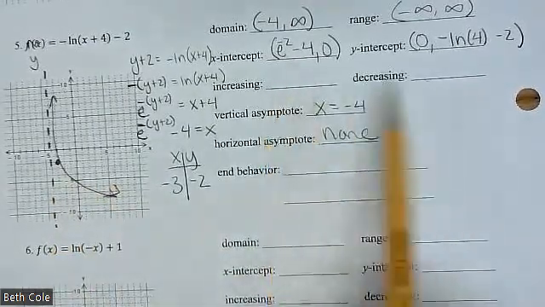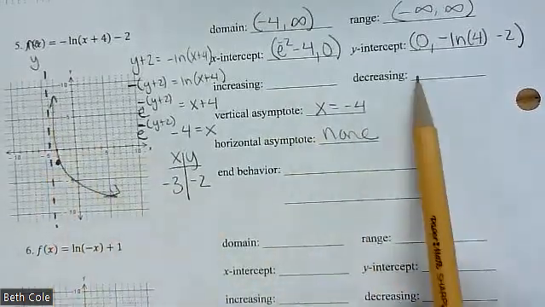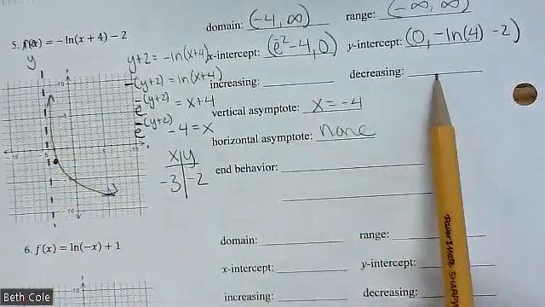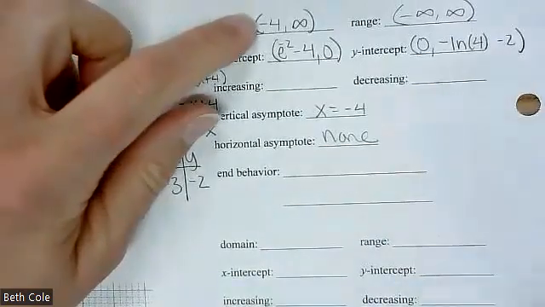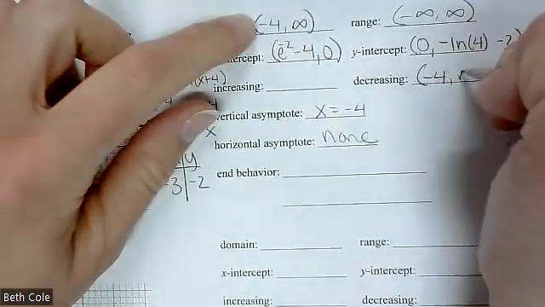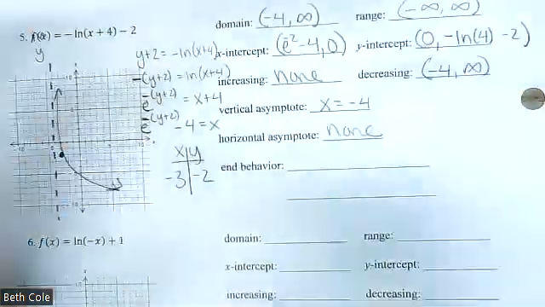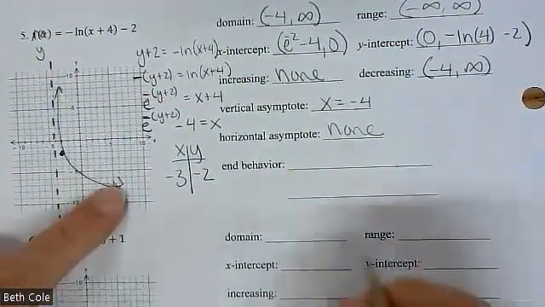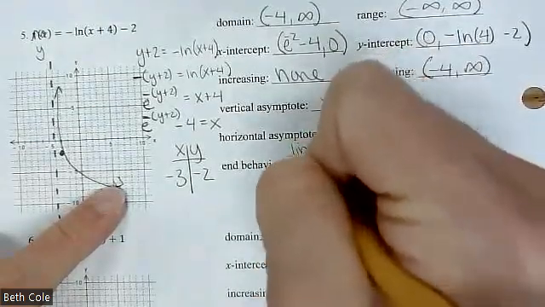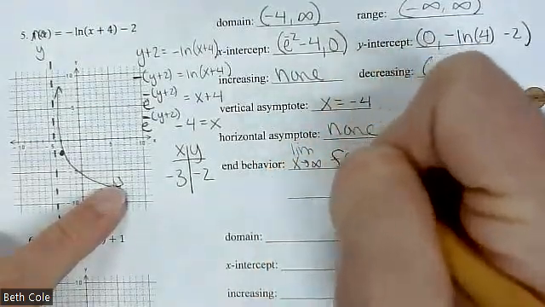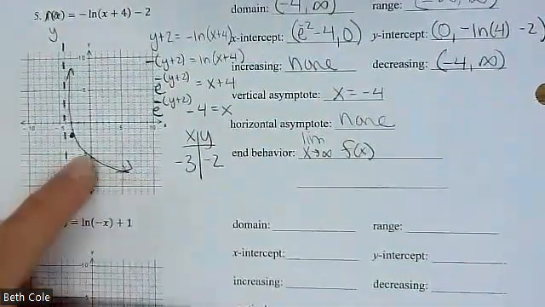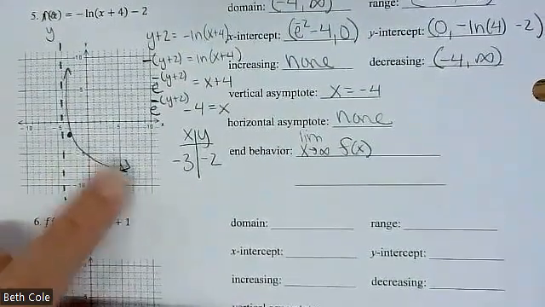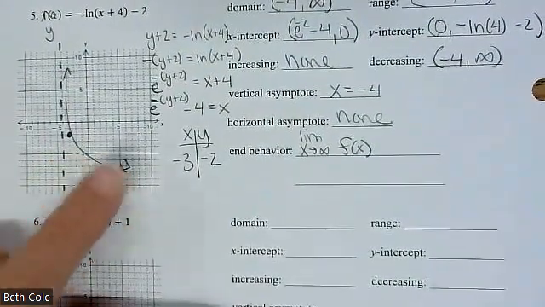All right, are we increasing or decreasing? We are decreasing, but it's not all reals. Negative 4 to infinity. It's your domain. And then your end behavior. Let's do the right end first because I feel like that's the one you're more familiar with. Limit as x goes to positive infinity. That's as we look to the right, where is this arrow pointing?